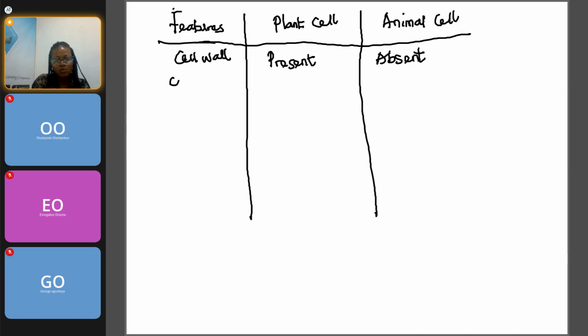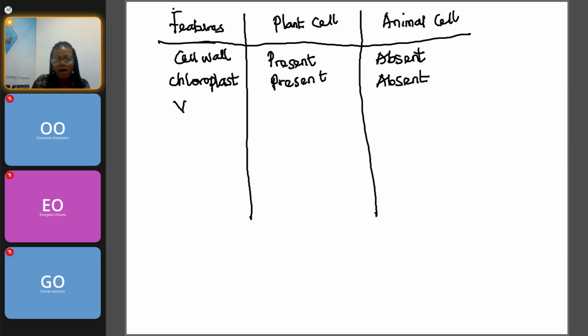Okay, so you have the chloroplast as well. Remember, I said chloroplast produces chlorophyll for photosynthesis. And of course, animal cell does not exhibit photosynthesis, so which means it is present in plant cell and absent in animal cell.